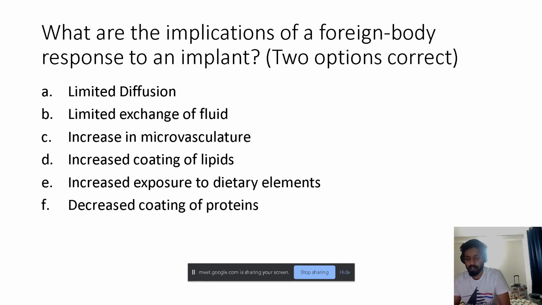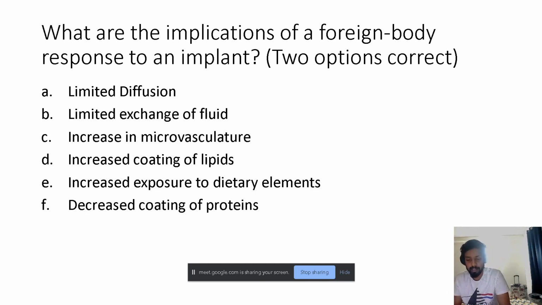Increase in microvasculature is not true. If there were an increase in microvasculature, that would be ideal because it would permit cell colonization, right? But that doesn't happen. Increase in coating of lipids does not make sense, as there are not many free floating lipids in the body.